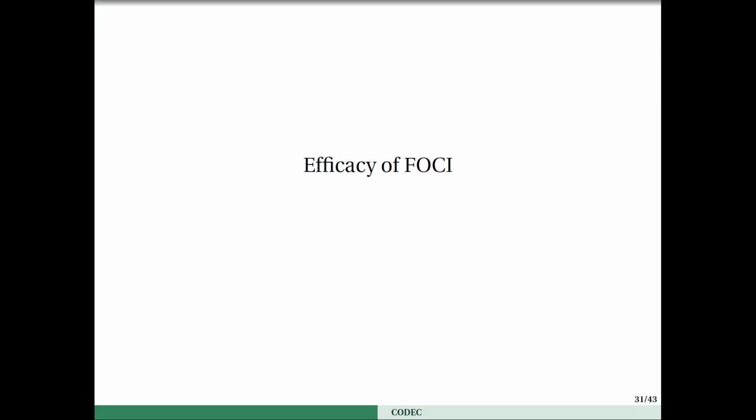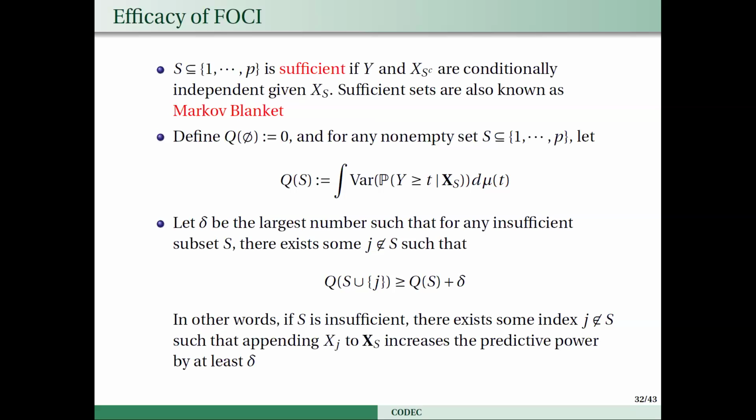Now, what can we say about the properties of FOCI? For this, I need a few definitions. Let's say I have a set S, which is a subset of the indices of my feature space. I call it a sufficient set if Y and all the other variables whose index is not in S are conditionally independent given this set.